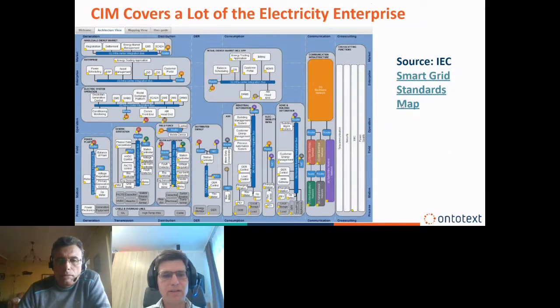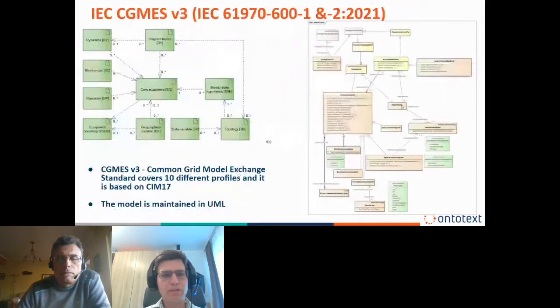And in the next slide, you will see some information about the Common Grid Model Exchange Standard, which is part of the IEC CIM, and that standard covers 10 different profiles where people can exchange equipment of their grid or different information about the scenarios during the day or during the months or years.